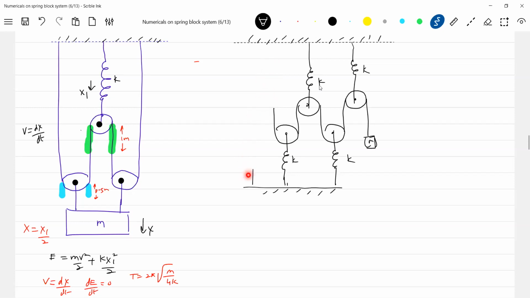Why so many? We will make it here. This will be sufficient. 4 springs. Look at this. All pulleys are light and all springs are identical.